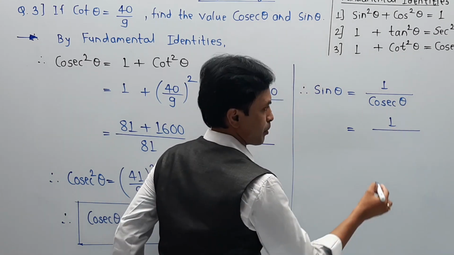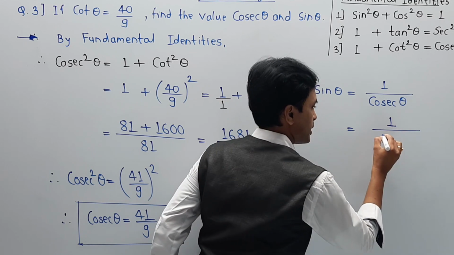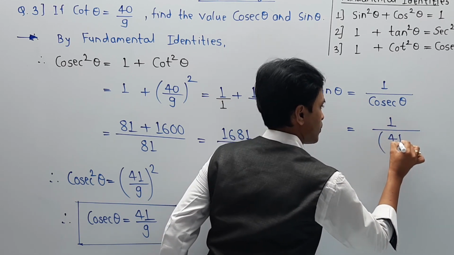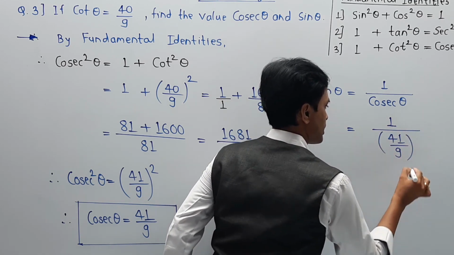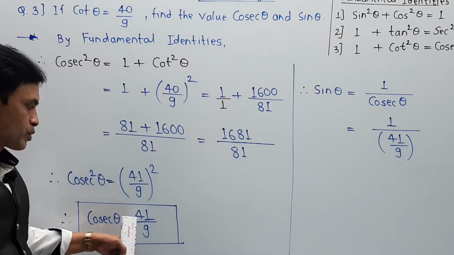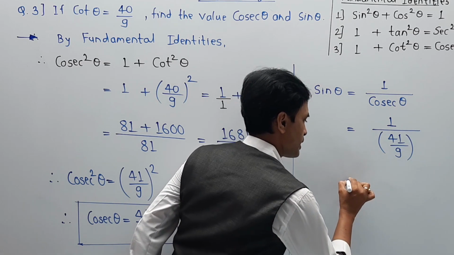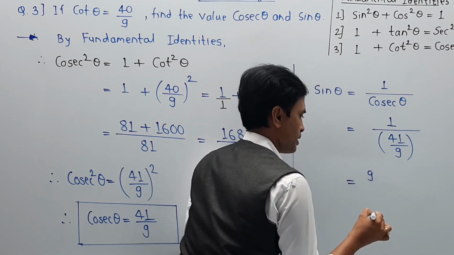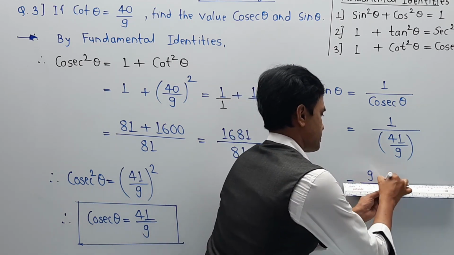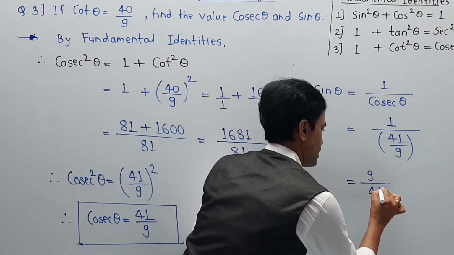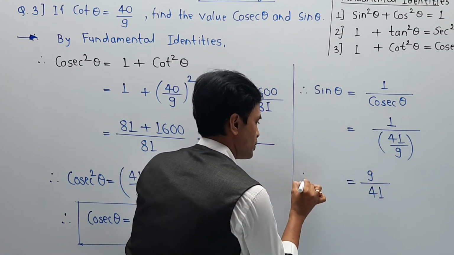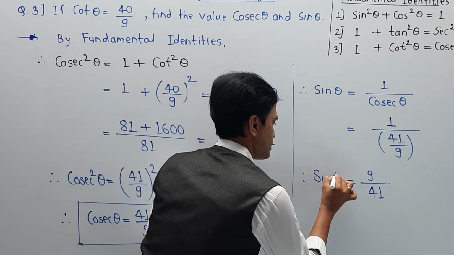Cosec theta is 41 upon 9, because recently we have calculated that value. Now making its reciprocal, this value becomes 9 upon 41, and that is the value for you as sin theta.